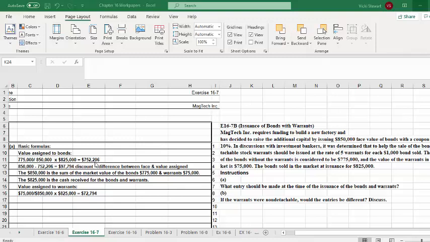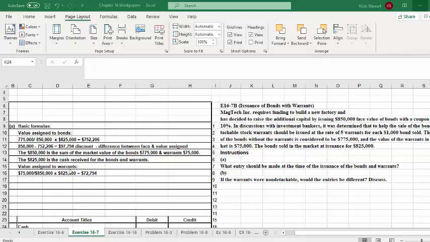So we get the amount to allocate to the bonds of $752,206. So we know that the bonds were issued at a discount because the face amount of the bonds, or what we will pay at maturity, is $850,000. So by subtracting the amount that we allocated to the bonds from the face amount, we get the discount to record on the bonds, which is $97,794.